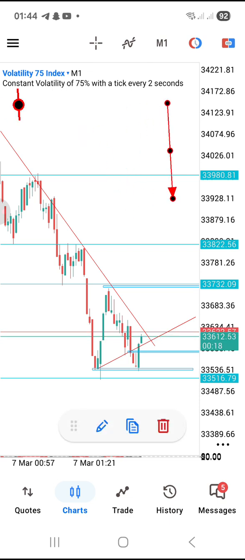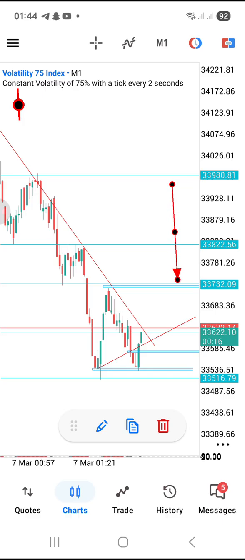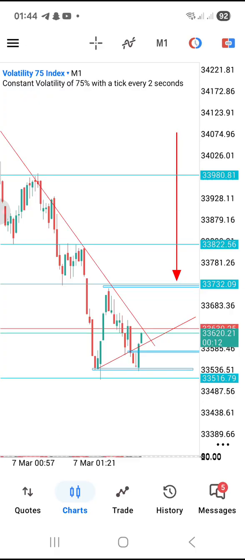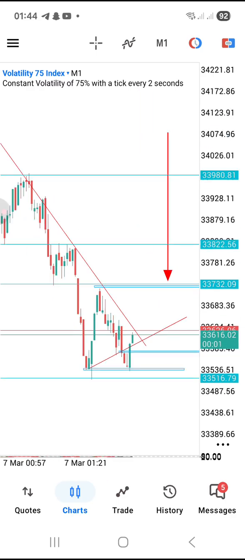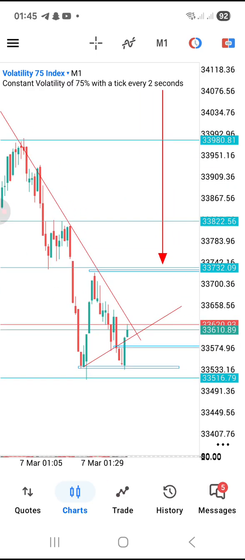Our sell level is anything below this point, or at best a sweep at that point. So we have to wait and be patient.